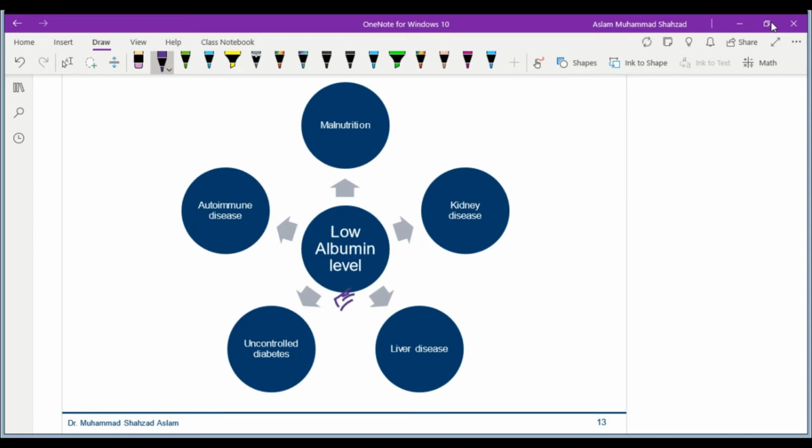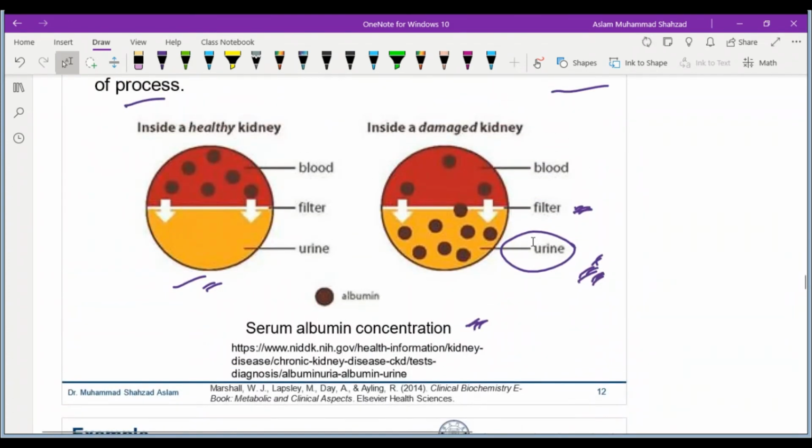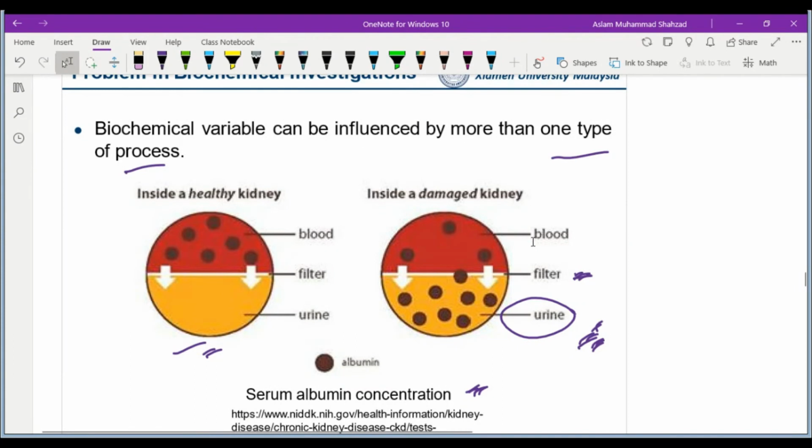So again, it is difficult to identify the cause of the decrease of the albumin level, because this is one example where proteinuria results in the case of kidney damage.